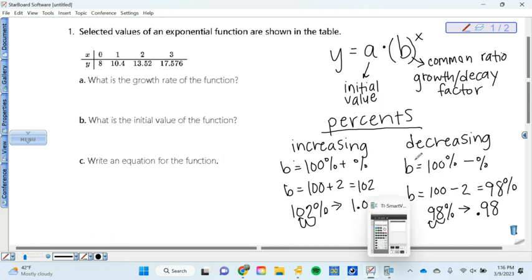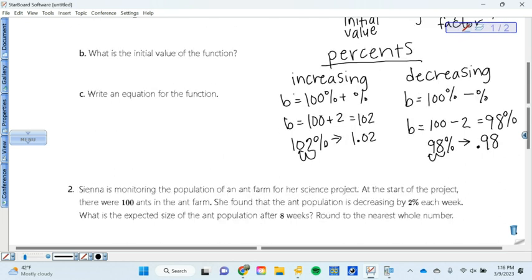Okay? So what happens when we do this is, when we're increasing, we start with 100% and then add whatever the percent is that we're increasing by, right? So then my B, my growth factor, is always going to be larger than 1. Versus when I'm decreasing, I'm subtracting from 100%, so my factor is less than 1.